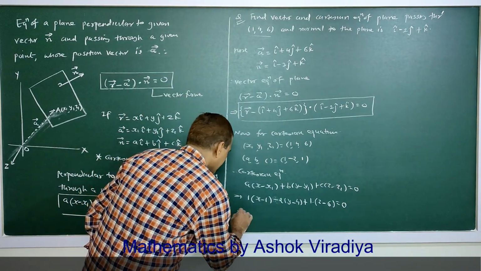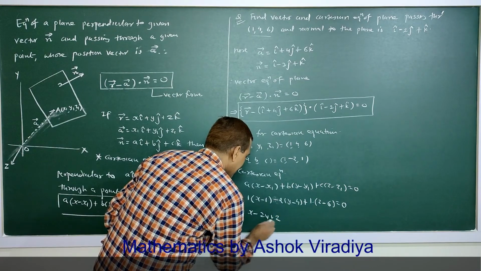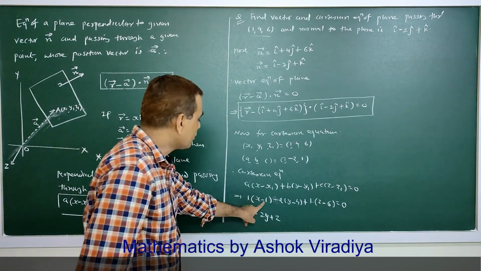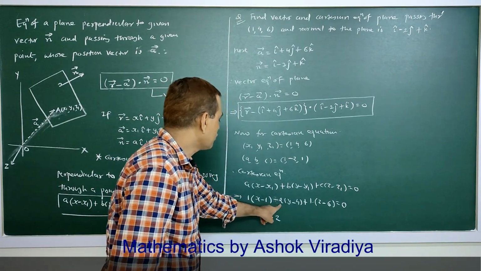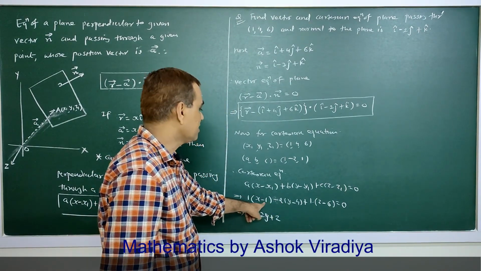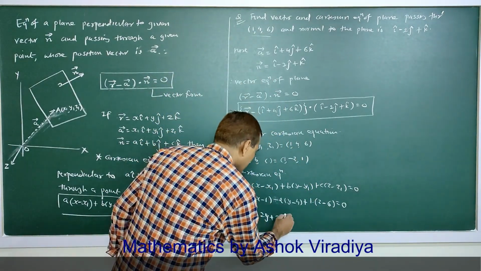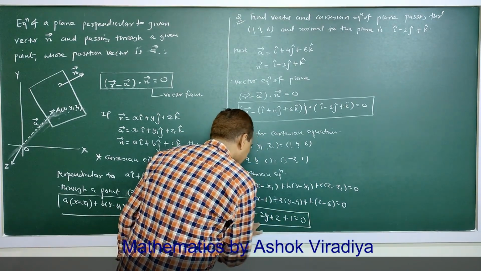That is, it is x minus 2y plus z, and see now calculate constants. Minus 1 plus 8, so 8 minus 1 is 7, minus 6 is 1, so left is plus 1 equal to 0. This is Cartesian equation.